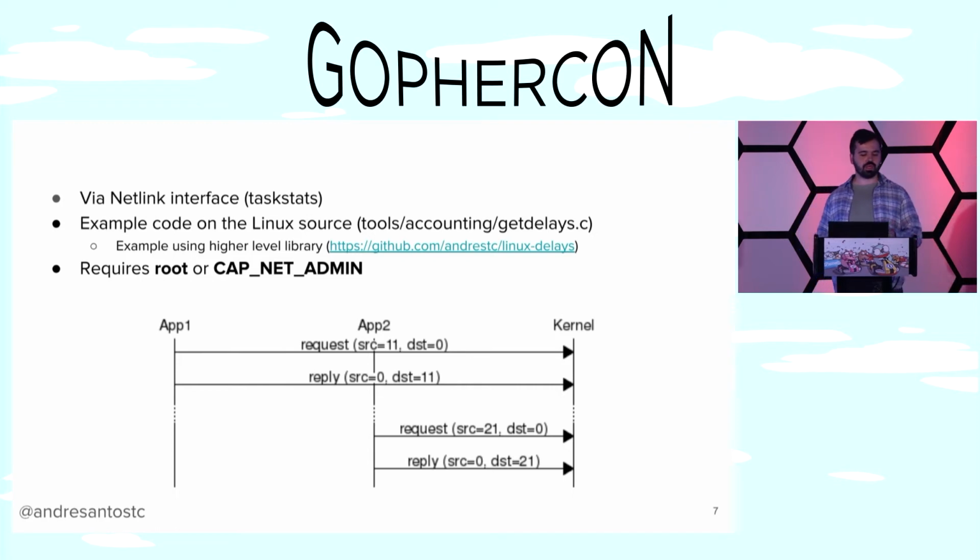I've rewritten that using higher level libraries to make it easier for people to understand how it works under the hood. But it's still C, so it's complicated. Unfortunately, the tool that wants to extract this information needs to run as root or with some special capabilities.